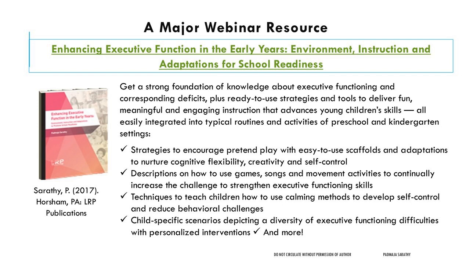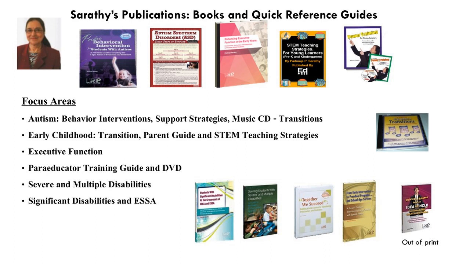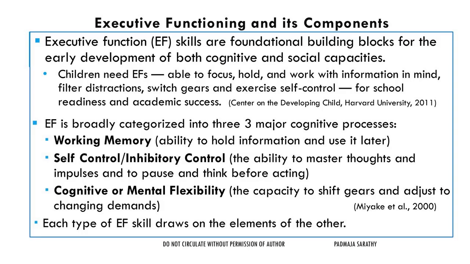So this is my book, and it's published by LRP Publication. And this particular slide shows my other books. I do work in the areas of autism, significant disabilities, and the paraeducator training and early childhood education.